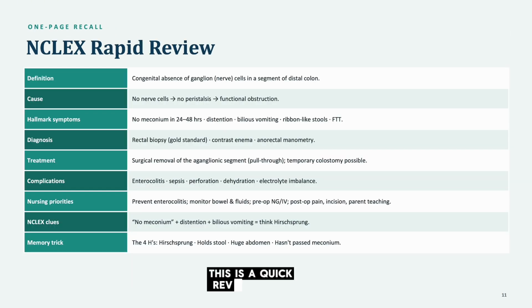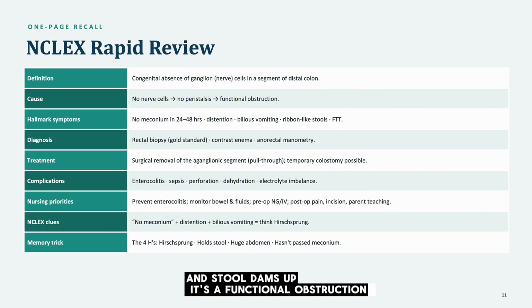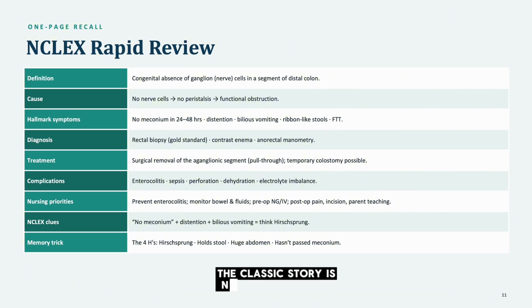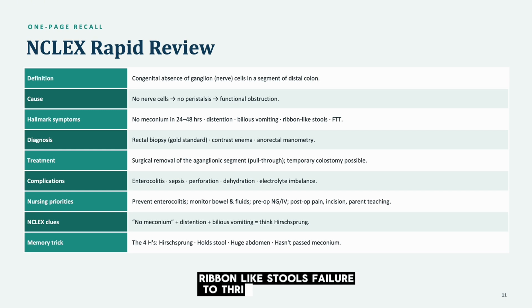This is a quick review of what we've done so far. It's a congenital absence of nerve cells in the distal colon, so there's no peristalsis and stool backs up. It's a functional obstruction. The classic story is no meconium in 24 to 48 hours, distension, bilious vomiting, ribbon-like stools, failure to thrive.